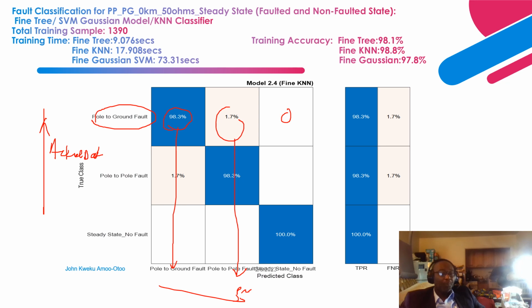For pole to pole fault, 1.7% was misclassified as pole to ground, and 98.3% was correctly classified as pole to pole fault, and for steady state, 100% classification.